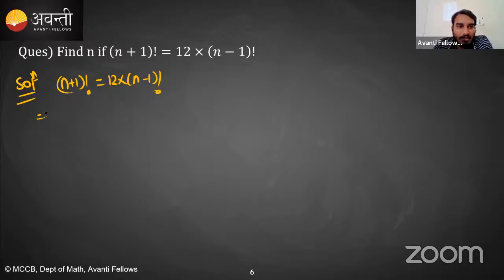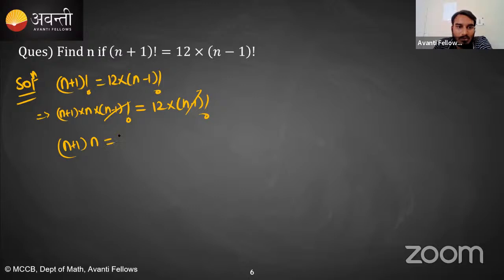It is n plus 1 into n into n minus 1 factorial, which is equal to 12 into n minus 1 factorial. So n minus 1 factorial cancels out from both sides, and we get n plus 1 into n is equal to 12.